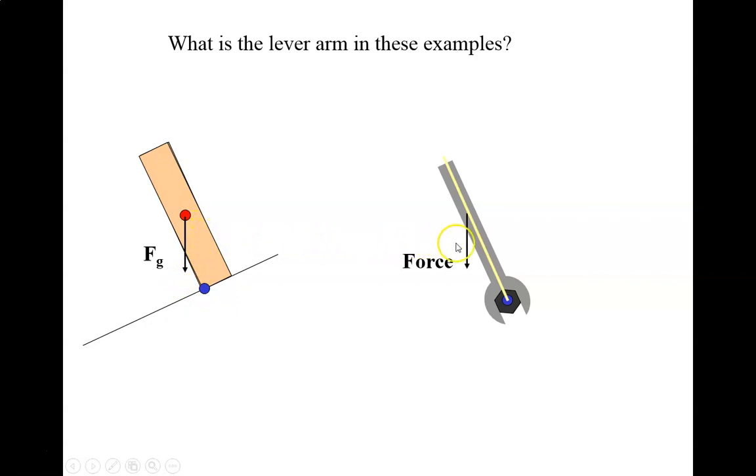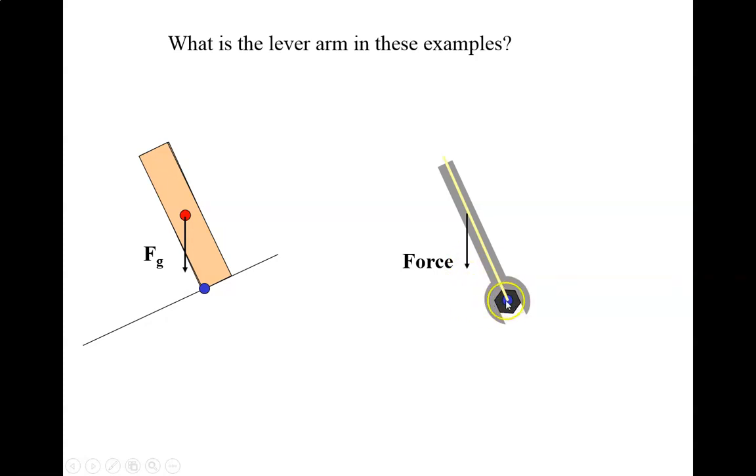Similarly, if we go to my wrench, and here I'm applying my force here, applying my force here is going to cause some rotation in the counterclockwise direction. There is going to be a lever arm, and the lever arm distance is going to be that perpendicular distance from the force. So it's going to be the horizontal distance from the force.